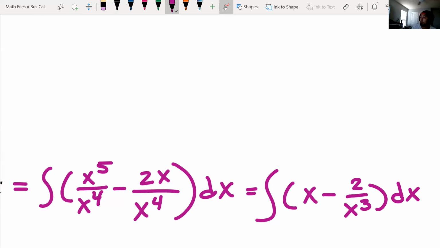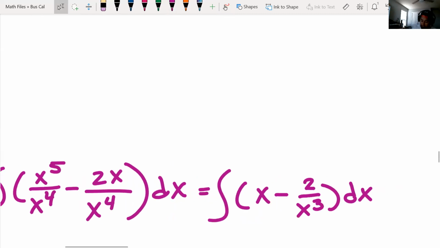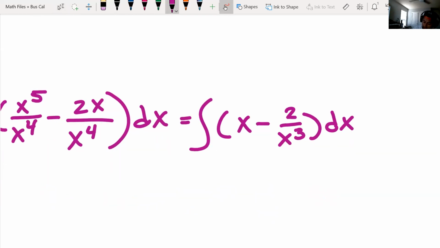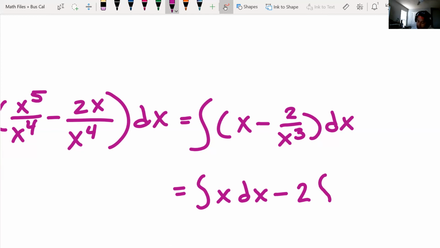Now we split it into two integrals since all the reducing is done. I get the integral of x dx minus, and I'm going to take that 2 out, 2 times the integral, and I'm going to flip the x cubed up to make it x to the -3 dx.